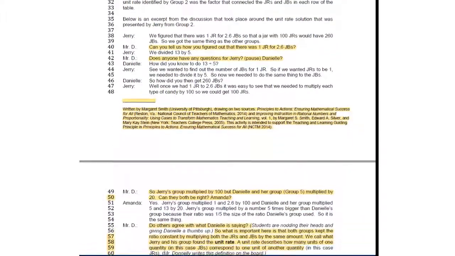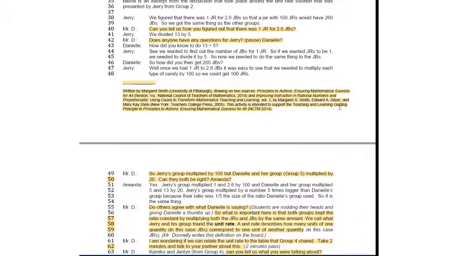Here we have a little excerpt from the whole class discussion, and if you notice, Mr. Donnelly uses purposeful questions to help generate this mathematical discourse. If you also notice that the students are participating in the mathematical discourse, Mr. Donnelly is facilitating it, but it's the students who are actually participating and discussing the meaning of these different representations.